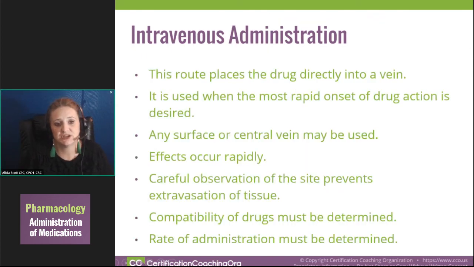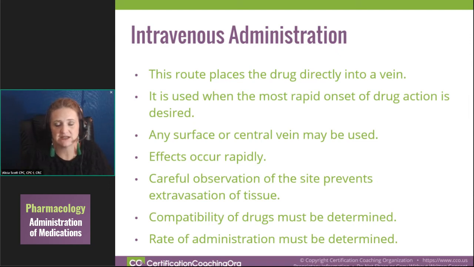If we do administration by intravenous routes, then again, we intend to tap the vein, right? And by far, that is the fastest way to administer anything into the body.